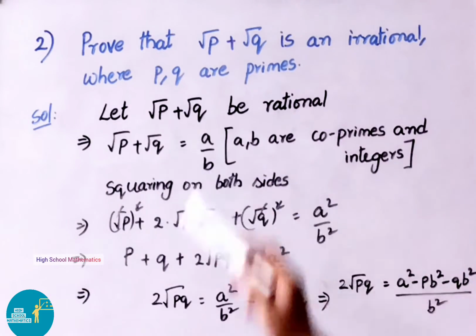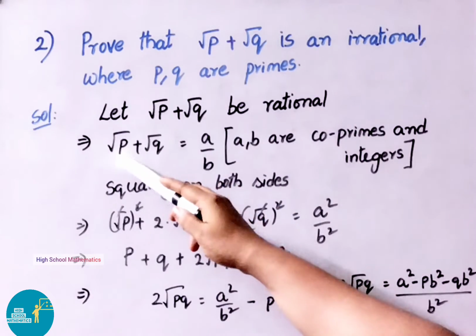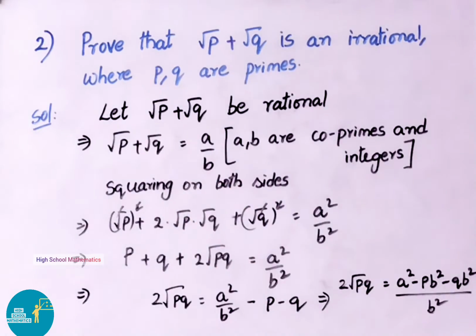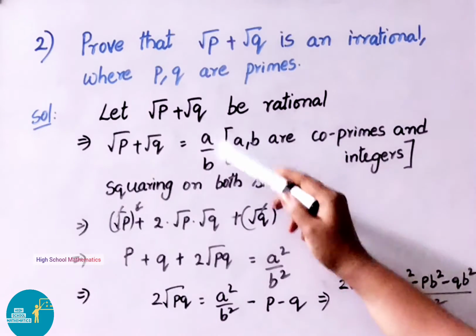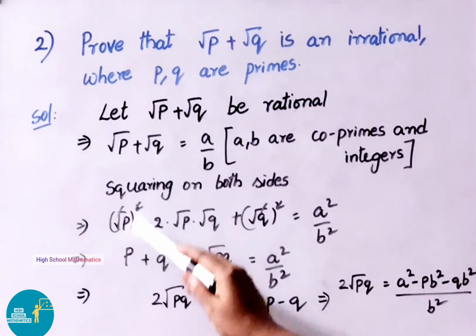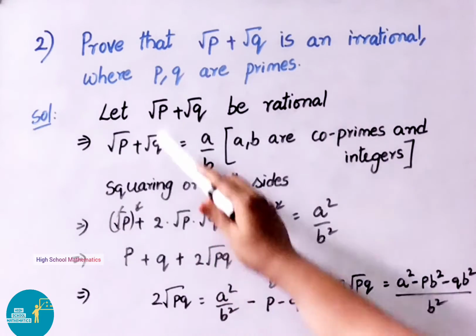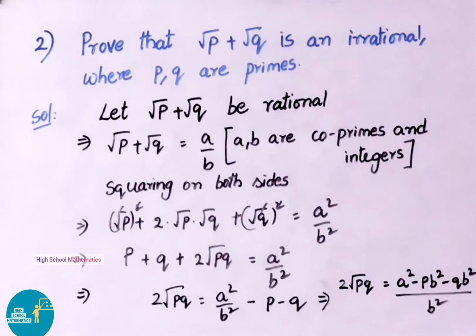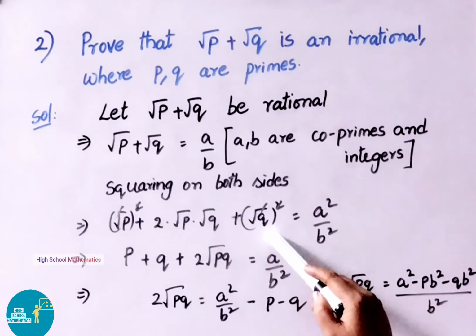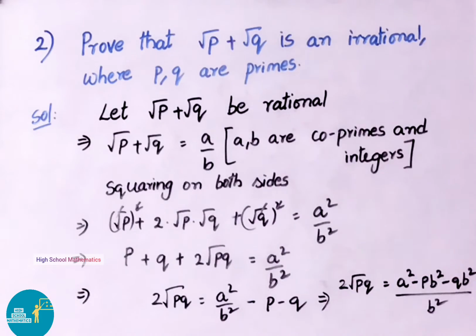Now let us do squaring on both sides. So after squaring, square root of p plus square root of q whole square becomes a by b whole square. If we expand it, that means square root of p whole square, plus 2 into square root of p into square root of q, plus square root of q whole square, equals a square by b square.